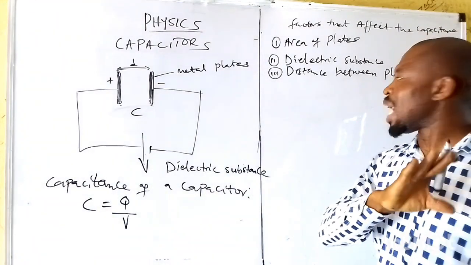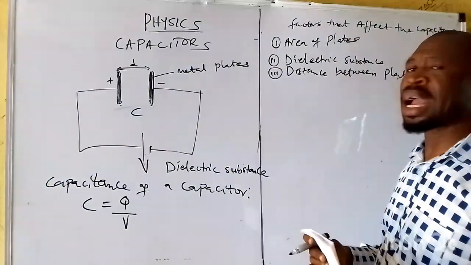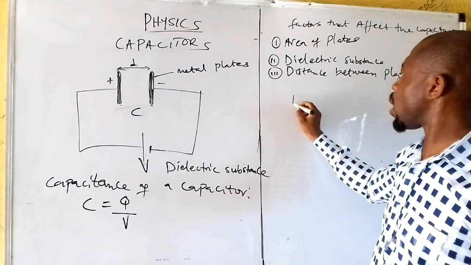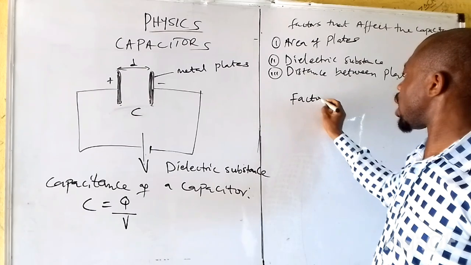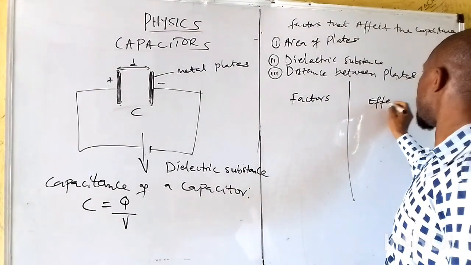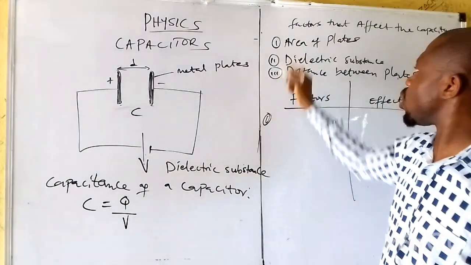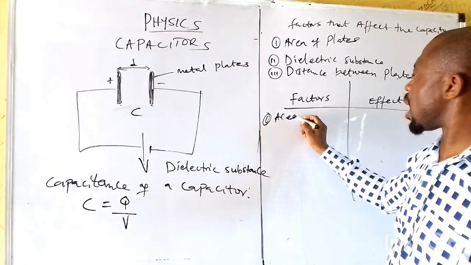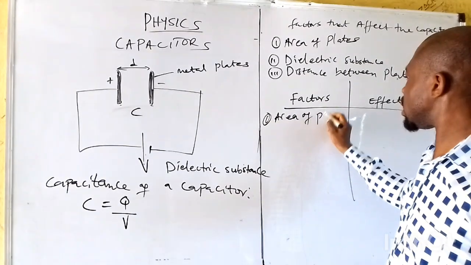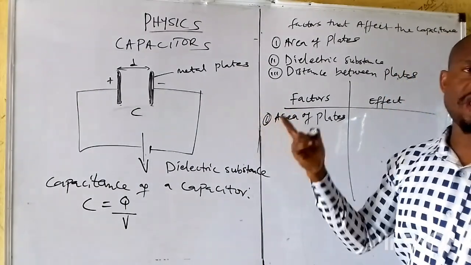To answer that question, I will advise you to answer it in a tabular form. We can put the factors here, and the effect on this side. The first factor, like we said, is area of plates. So what is the effect on the capacitance of the capacitor?